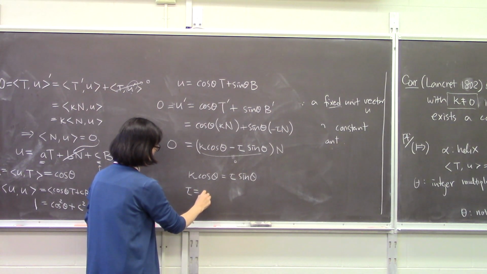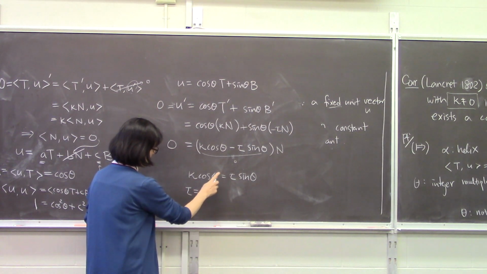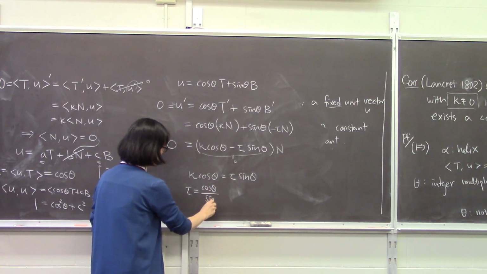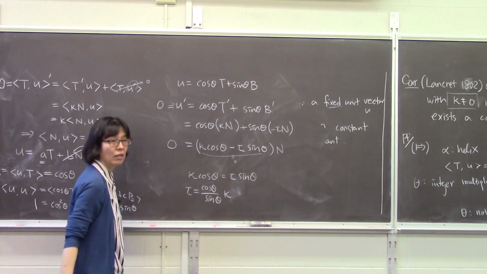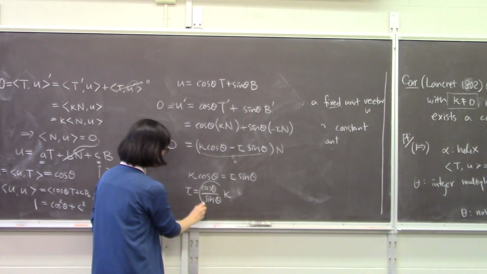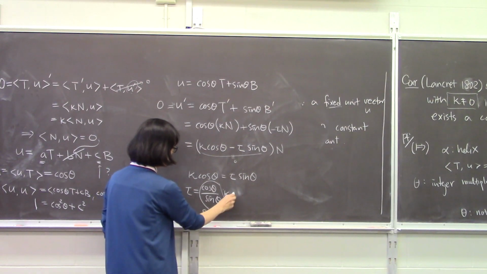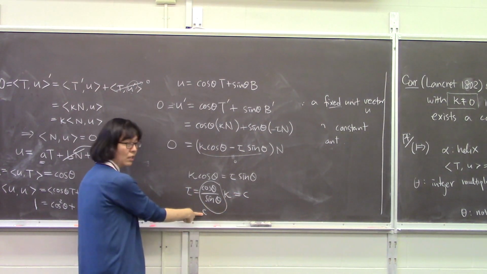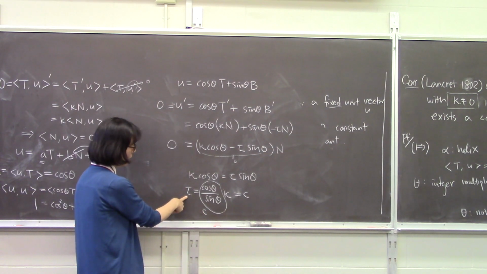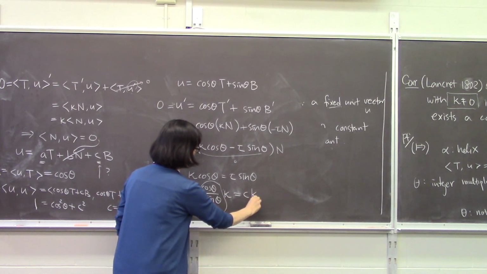Tau over curvature is cosine theta over sine theta. We know these are constant, so we can take that as a constant c. There is a constant c such that torsion is a constant multiple of the curvature.